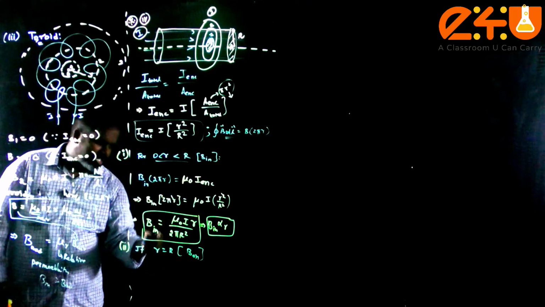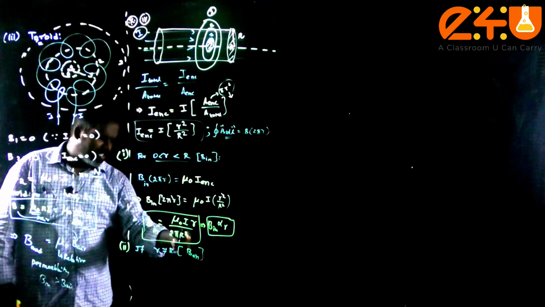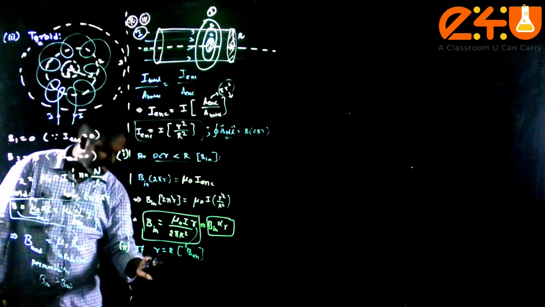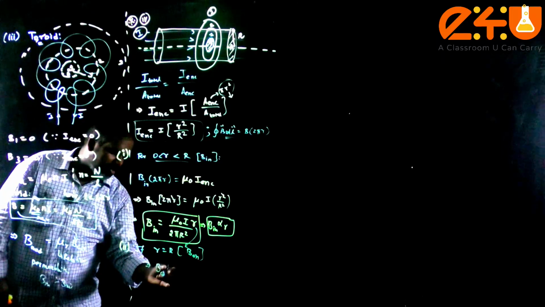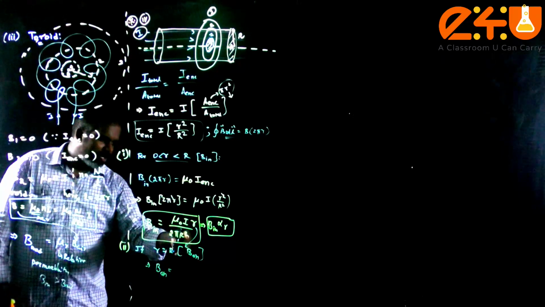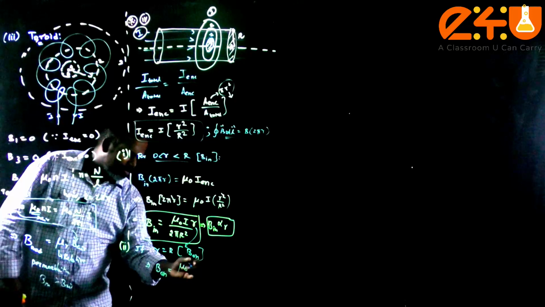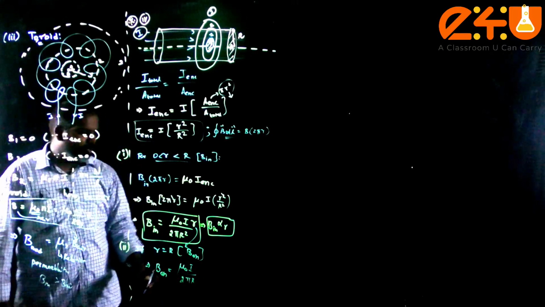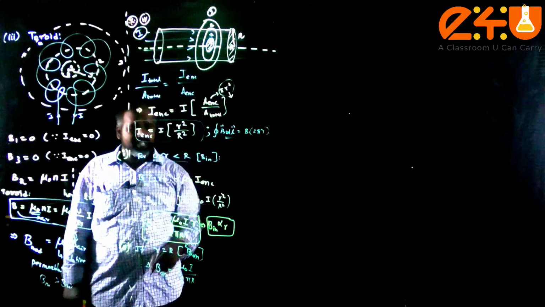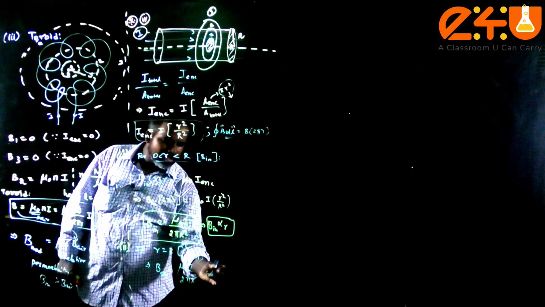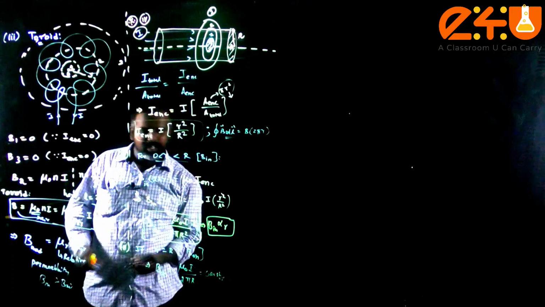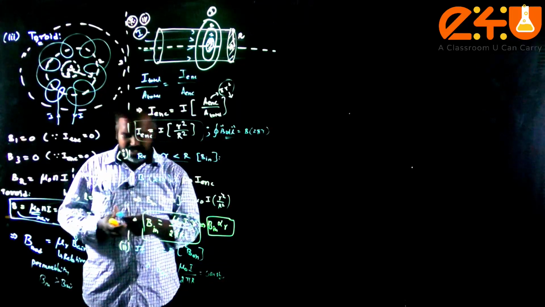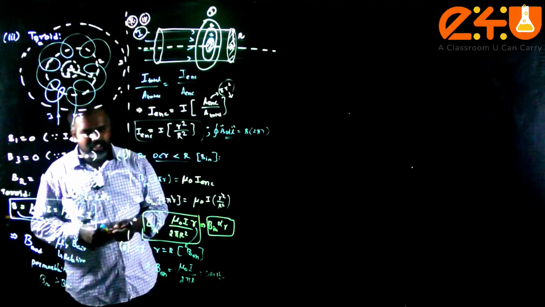Here you just substitute small r equal to capital R, and we get B on. One capital R gets cancelled out. Therefore, mu naught I divided by what, children? 2 pi capital R. For the given wire of radius capital R, this will be constant, since we said that the current flow will be steady. Therefore, this value will be what, children? Constant.